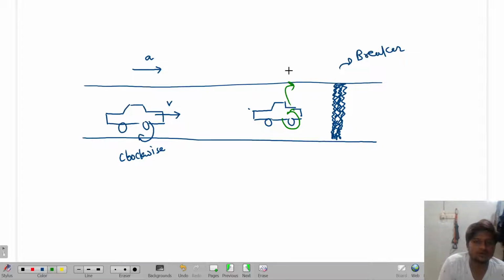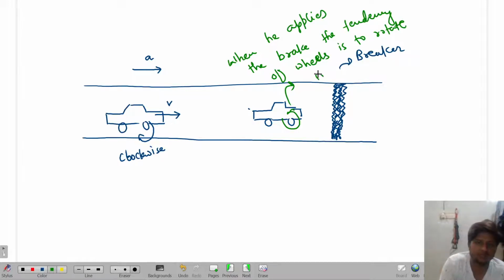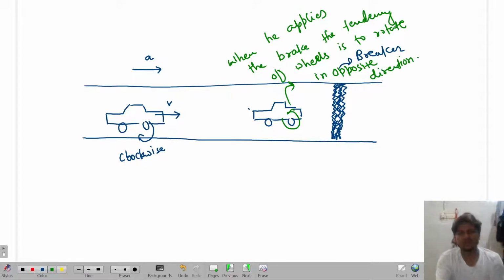When he applies the brake, the tendency of the wheels is to rotate in the opposite direction. Now try to understand what I'm trying to make you understand.